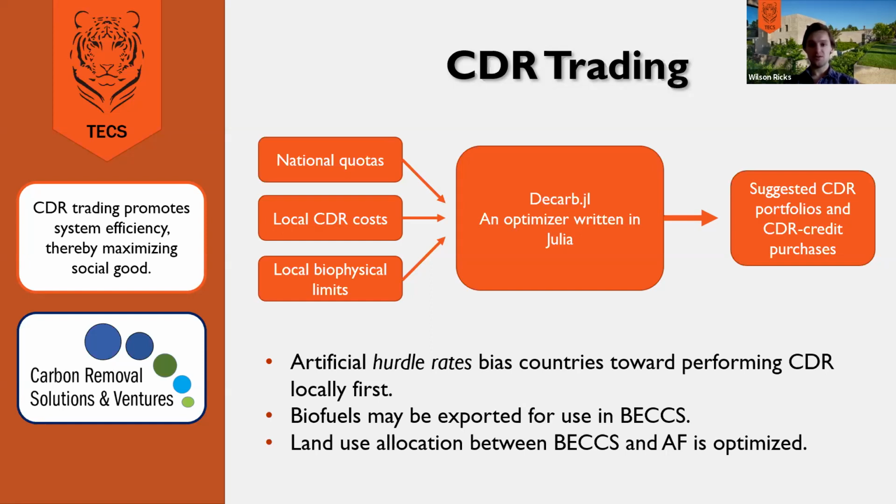We modeled this framework using an optimization model written in Julia, which takes in national quotas, local CDR costs, and local biophysical limits as inputs, and outputs suggested optimal CDR portfolios for each country, both in terms of the CDR performed locally and the CDR funded by that country, and seeks to minimize global costs. Within this model, each country has an artificial hurdle rate that biases it towards performing CDR locally first. The model also considers things like biofuels trade internationally and land use allocation decisions between bioenergy with carbon capture and afforestation, which compete for the same land uses in some cases.